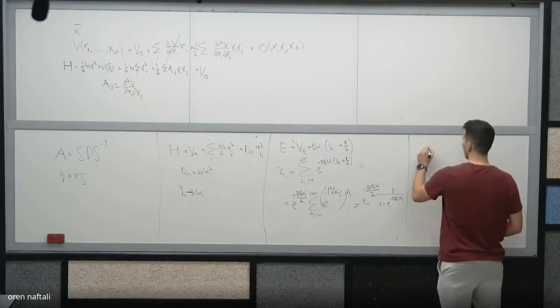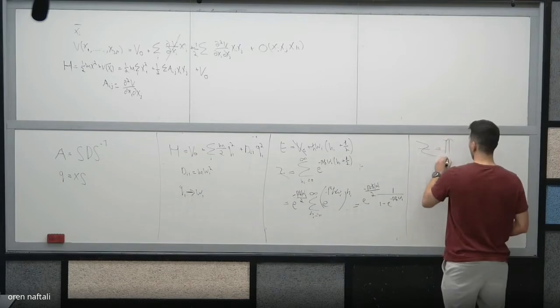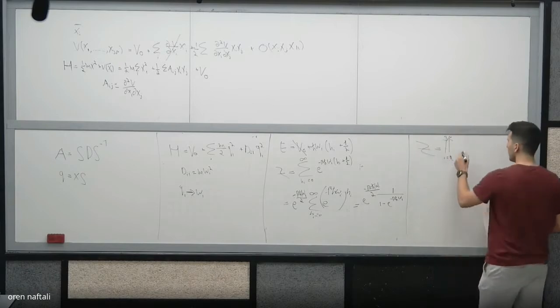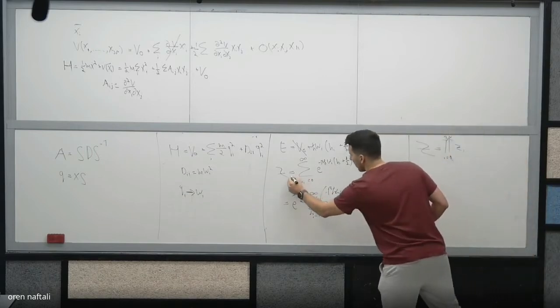So the total partition function is just the product of these. I really don't know how to write all those z's, so it is just Z, and this will be z_i. Maybe I will write it as z_i.